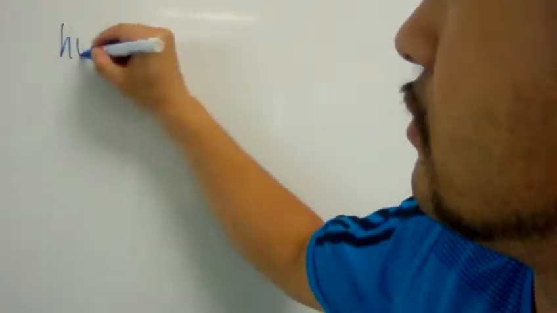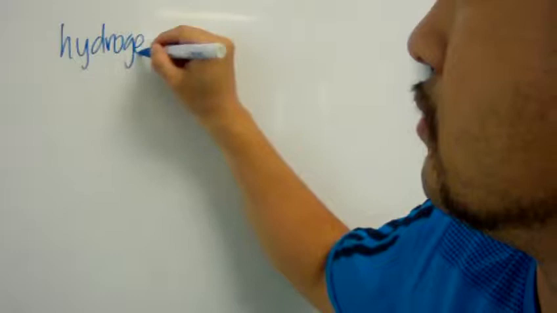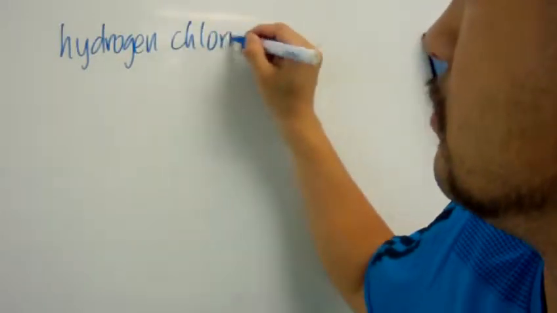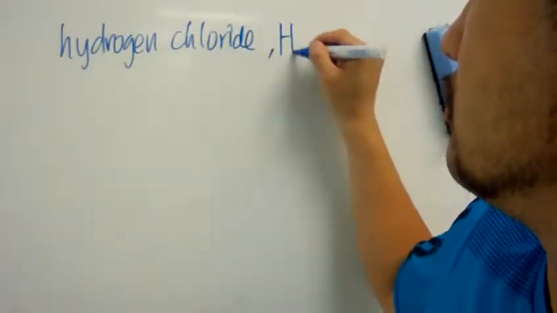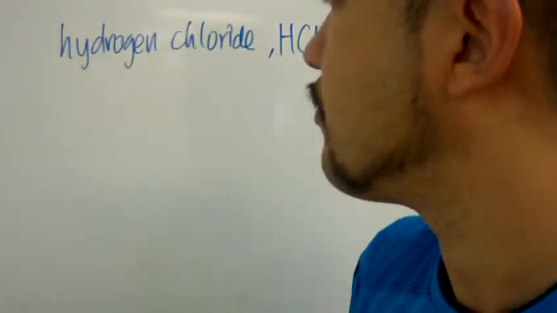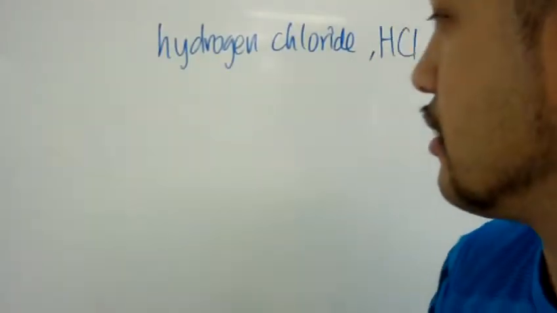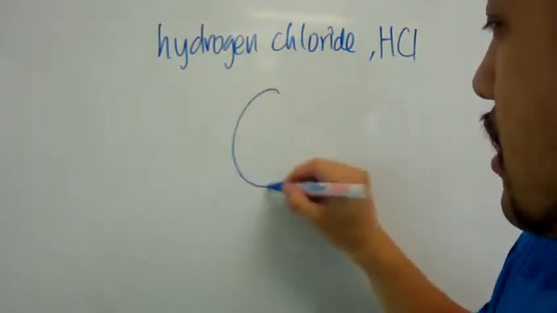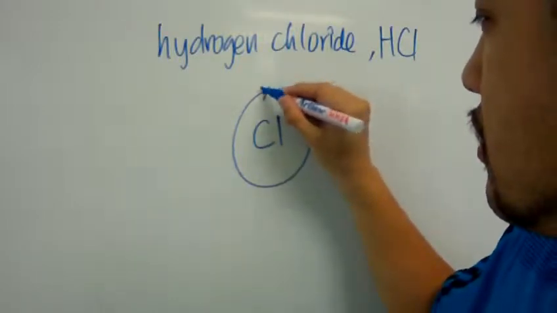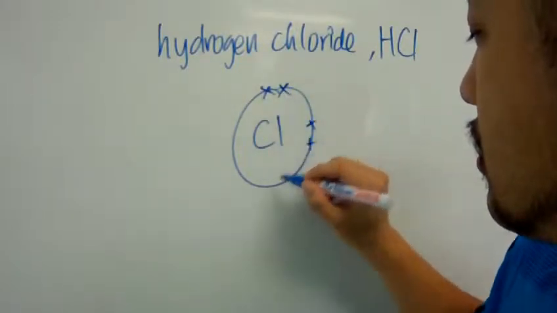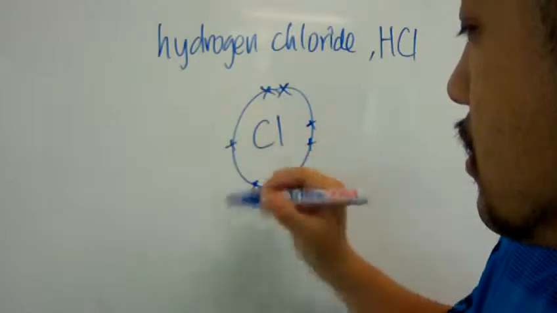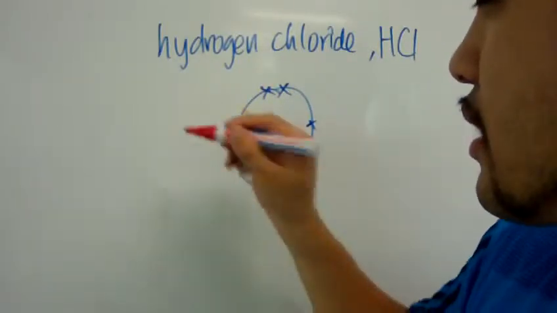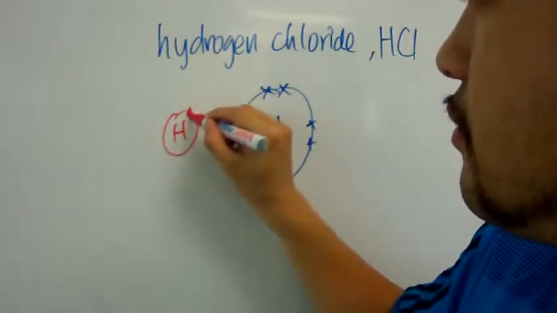Finally, hydrogen chloride. Hydrogen chloride has a chlorine and a hydrogen.